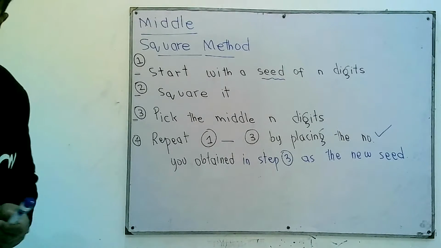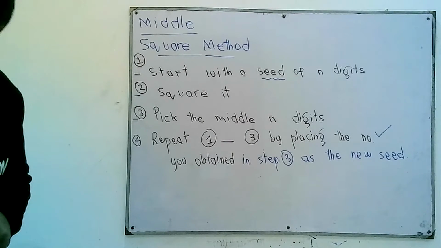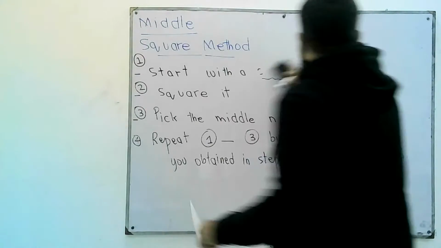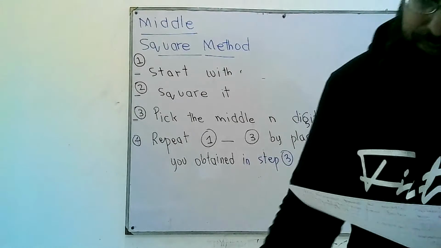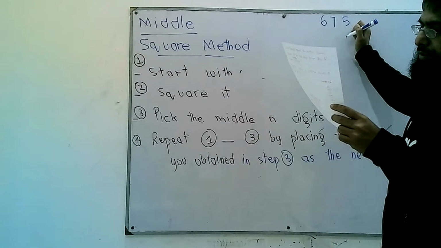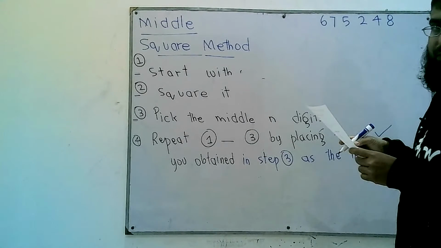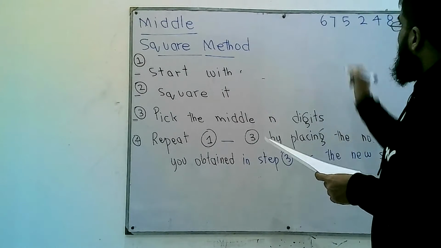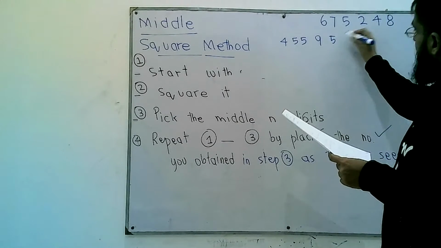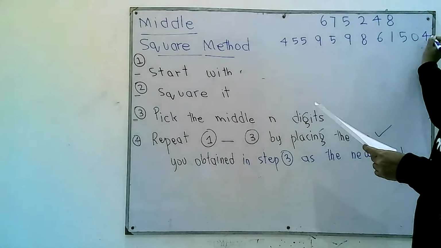ठीक है? For example, suppose we have this number 675,248, and if you square it, it becomes 45595986150 4.